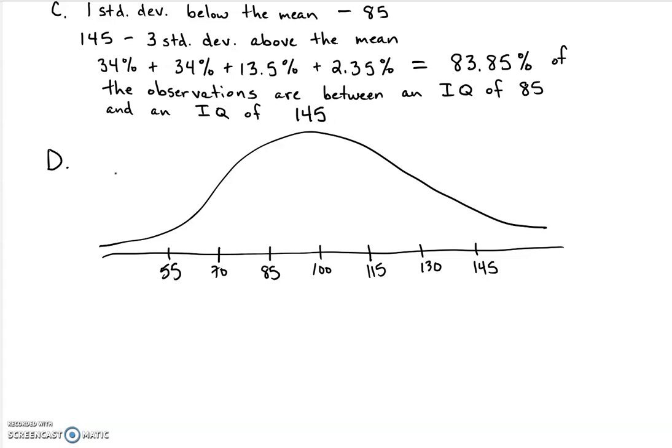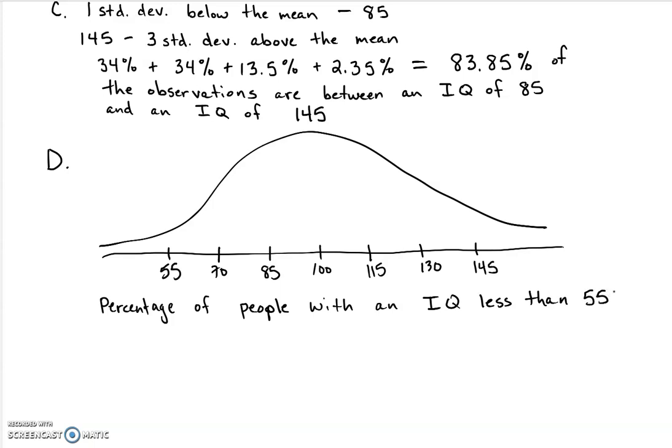So part D says we want the percentage of people with an IQ less than 55. Oops, that's not percent. So if we mark on our graph, here's 55, and we want the percentage of area that is over here in this part I just shaded light blue.